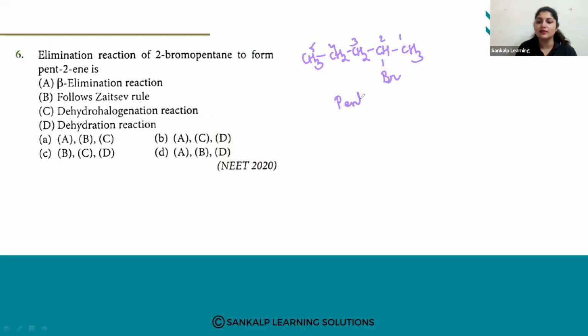In this elimination reaction, one HBr is removed, so this is a hydrohalogenation, actually dehydrohalogenation reaction.